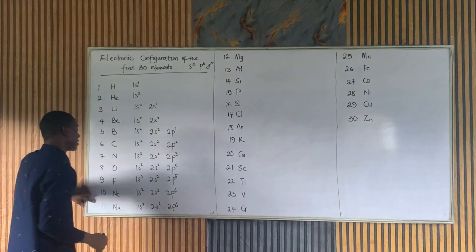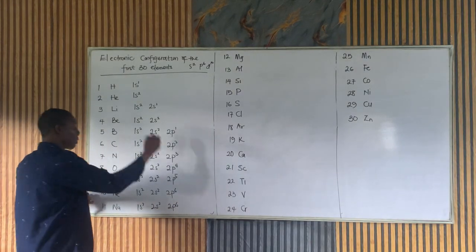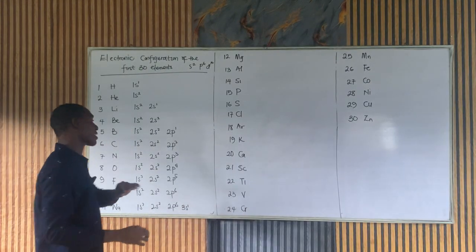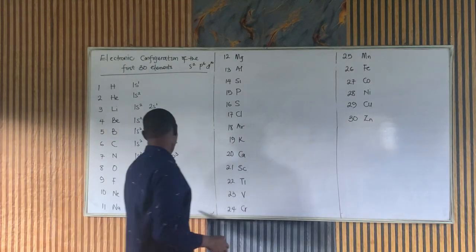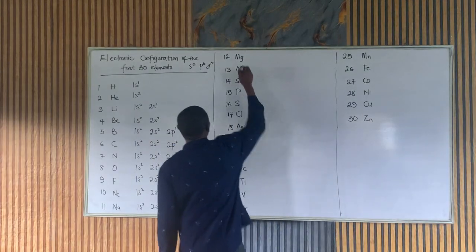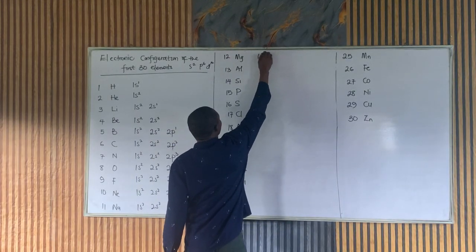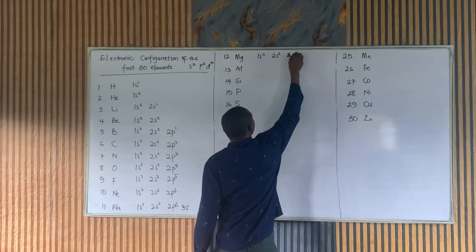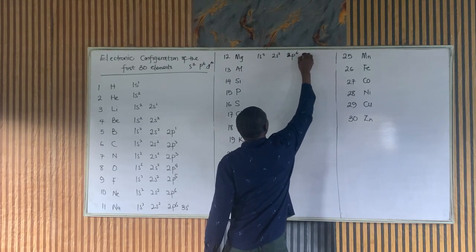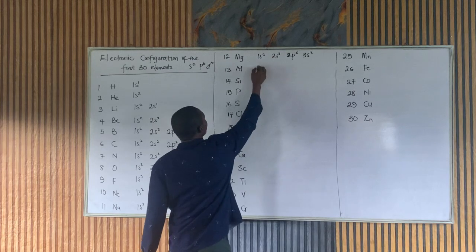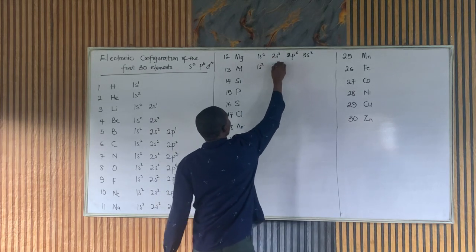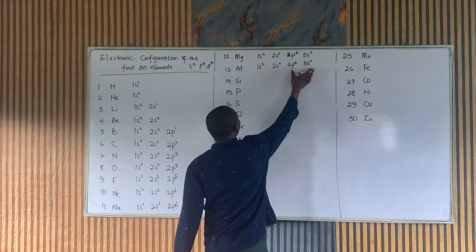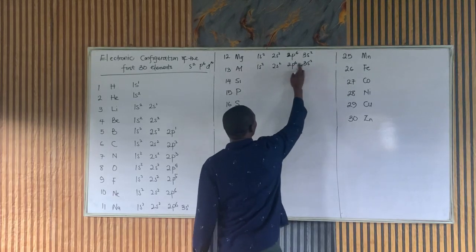The p is already filled, so we move to the next one, which is 3s. And remember, any s, be it 1s, 2s, 3s, 4s, can take just 2 electrons. So this s remains to be filled, and sodium fills it. That will be 1s2, 2s2, 2p6, and then 3s1, that's for atomic number 11. Then for 13, which is 1s2, 2s2, 2p6, 3s2, this s is filled, so we have one left because this is 13 and we've used just 12 here.